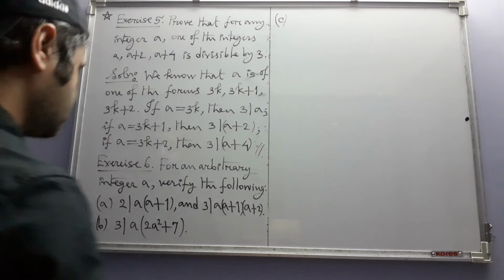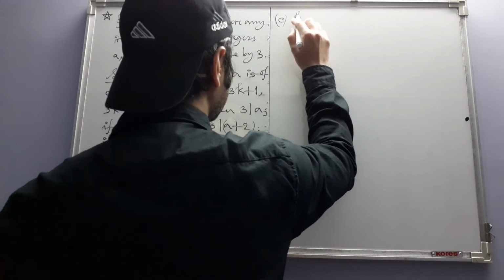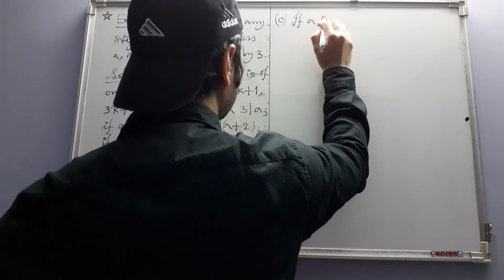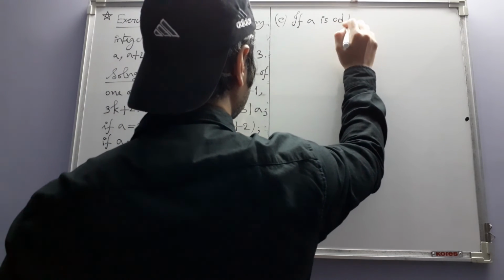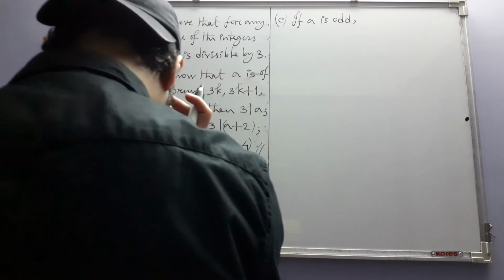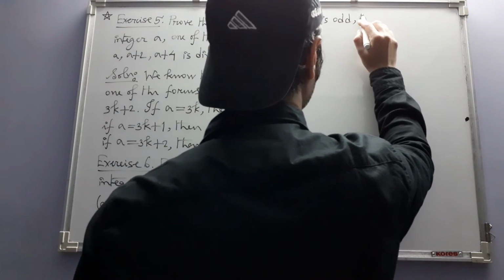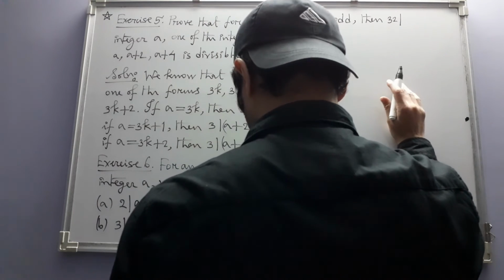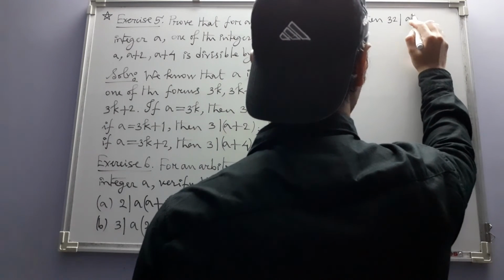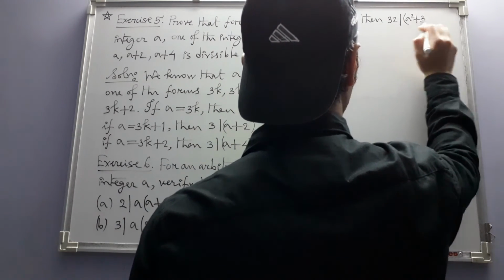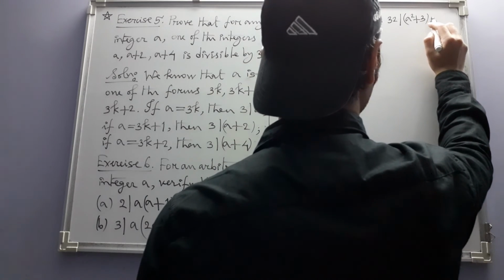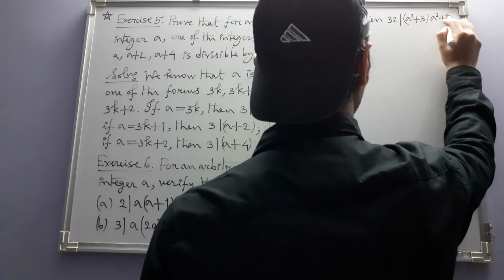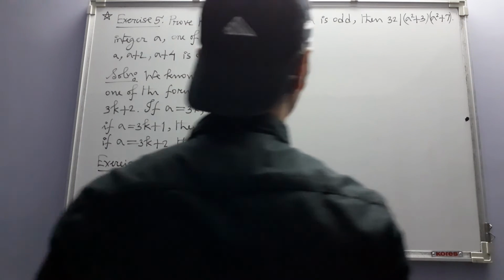If a is odd, then 32 divides a square plus 3 times a square plus 7.